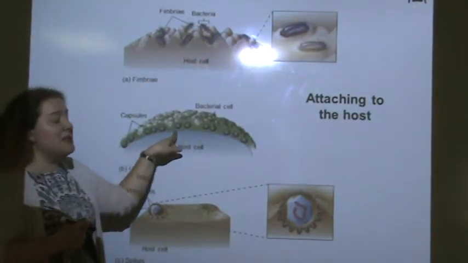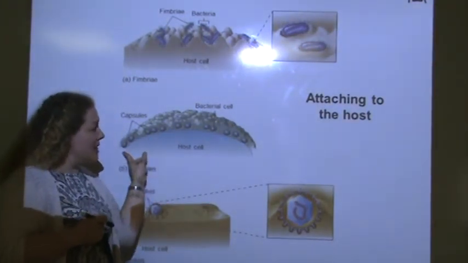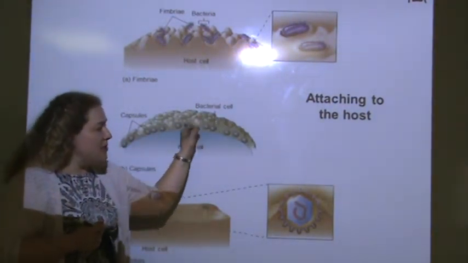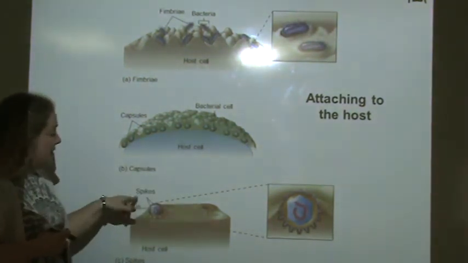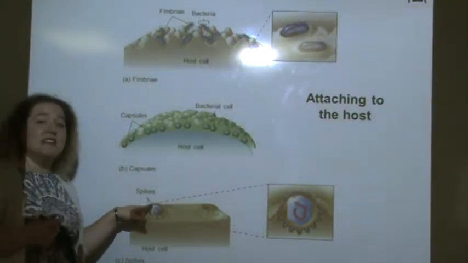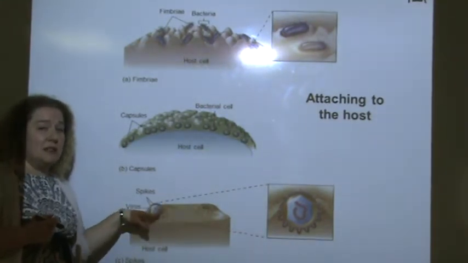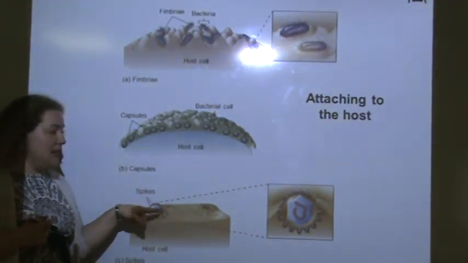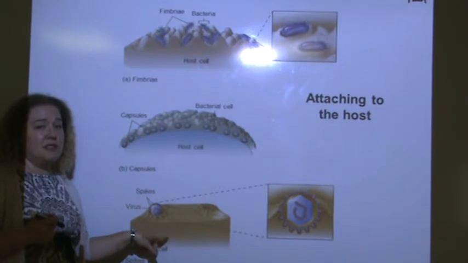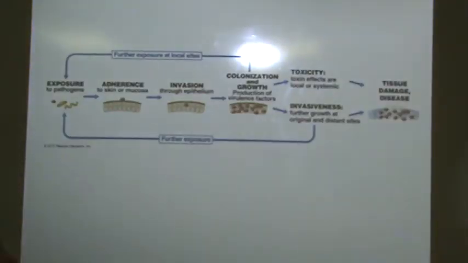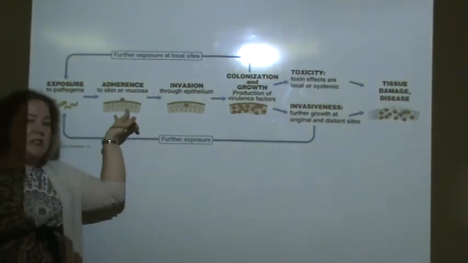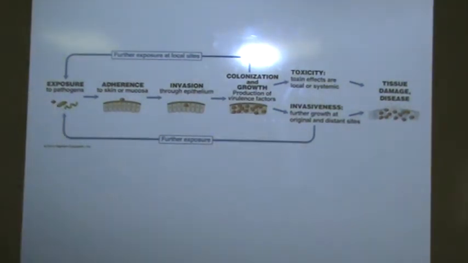They might use capsules, which we talked about multiple times in class, having that sticky polysaccharide layer to stick onto host tissues. And we've also talked about for viruses, their attachment mechanism are their spikes, and that the spike has to be very specific for the host cell. So all of those are examples of how pathogens adhere to specific body tissues.